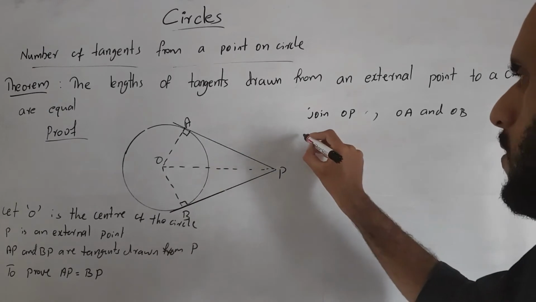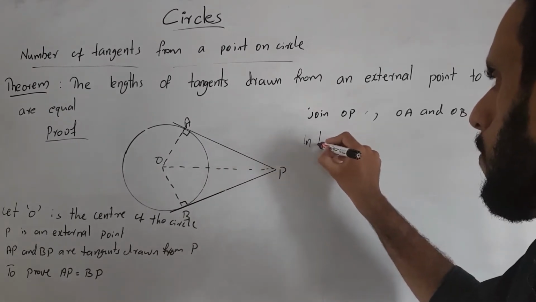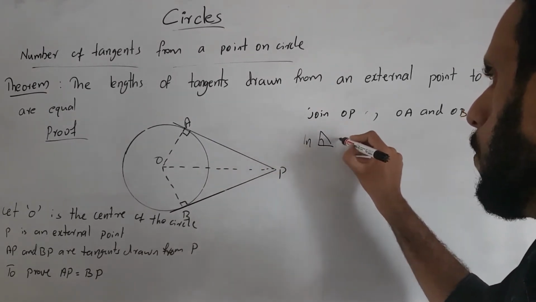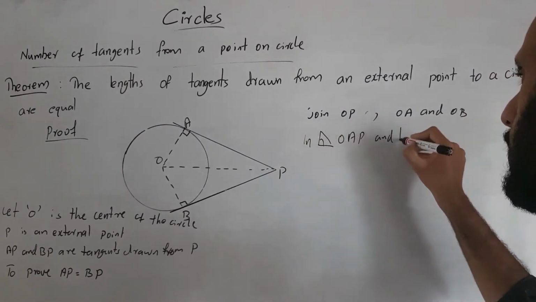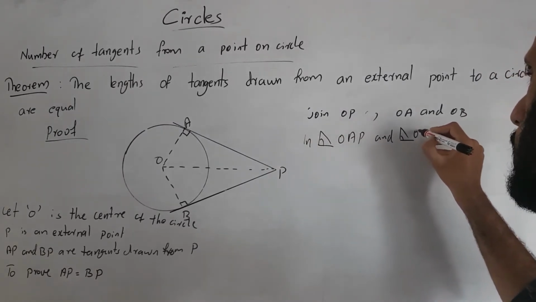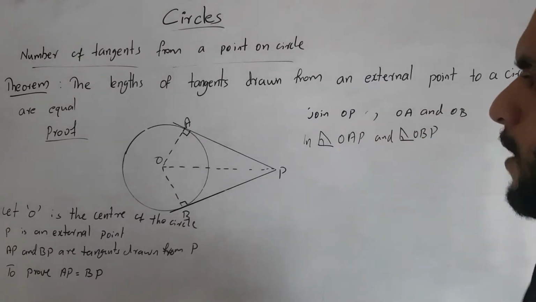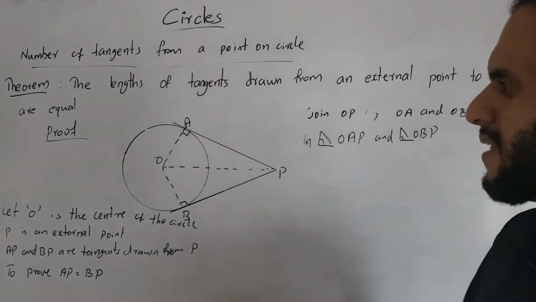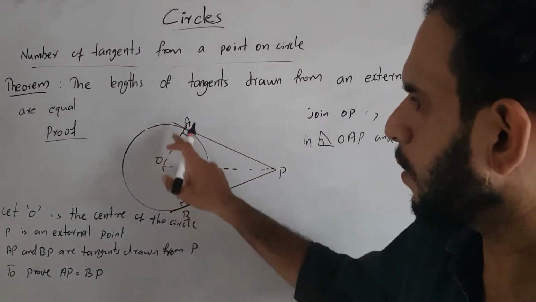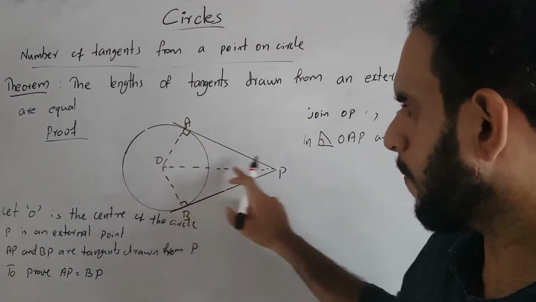Next we want to prove AP is equal to BP. For that we choose the right triangles. In right triangle OAP and right triangle OBP, it is very clear what the hypotenuse is. The hypotenuse of right triangle OAP is OP.